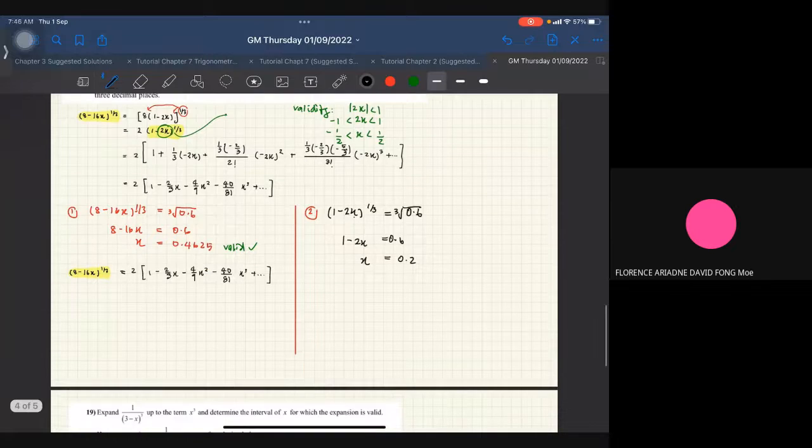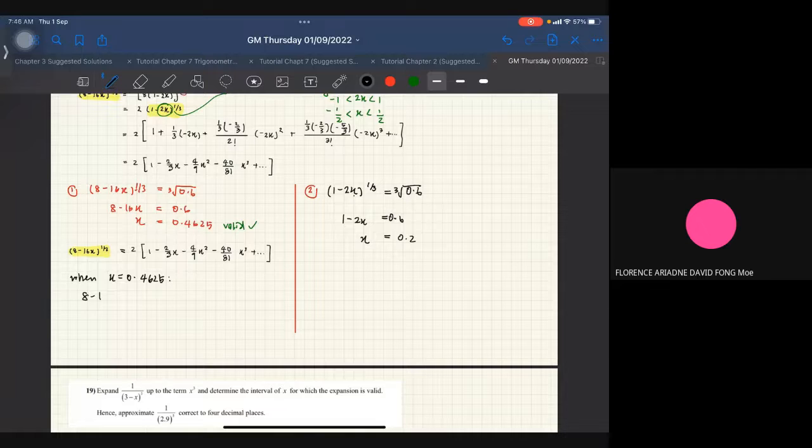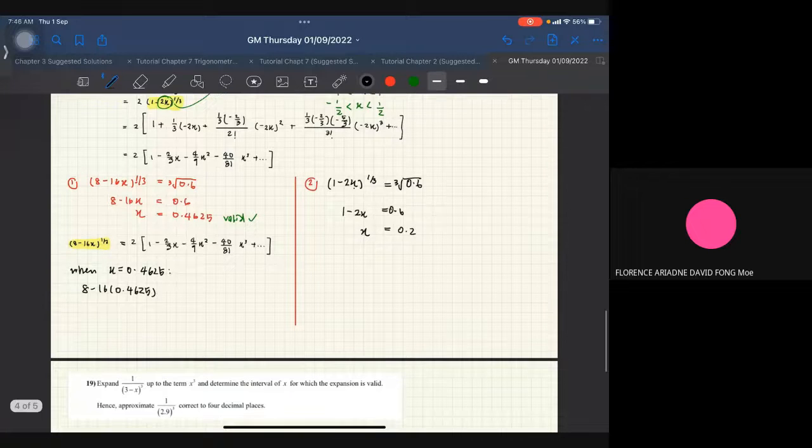Okay, so sekarang saya nak masukkan nilai. So when x is equal to 0.4625, so saya masukkan dekat dua-dua belah. So saya masukkan dekat sini and dekat sini, sini juga. Okay, so belah kiri saya dapat 8 tolak 16 darab 0.4625 kuasa 1/3.